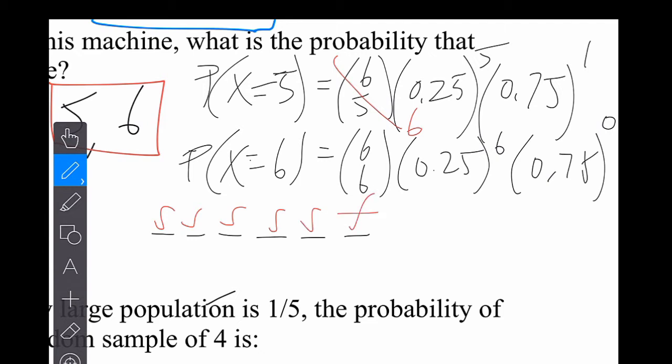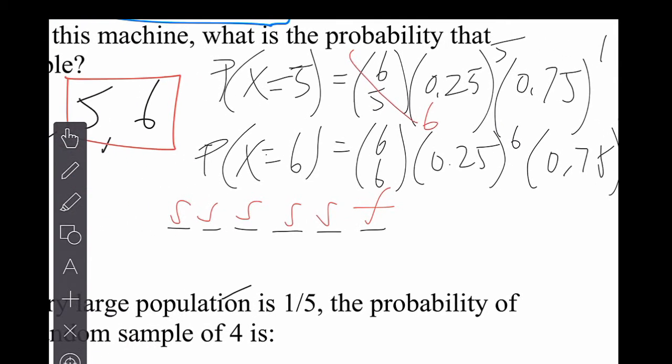And now, how many different arrangements of 5 successes are there? Well, we can just imagine shuffling F through the list. So F can go here, F could go here, F could go here, here, here, or here. That's 6 possible ways.